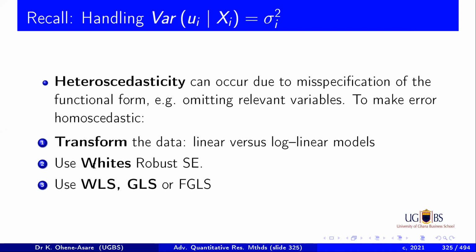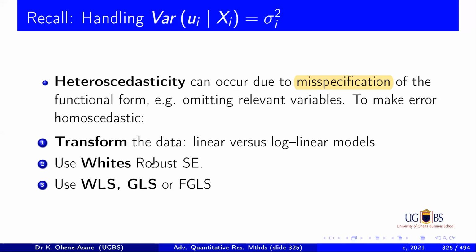But here, how do you deal with heteroscedasticity? The reason it is happening is because there is a possible misspecification. You did not specify the functional form well. Another reason is possibly omitted variable bias. And so we have already looked at how to transform the data using logarithms.